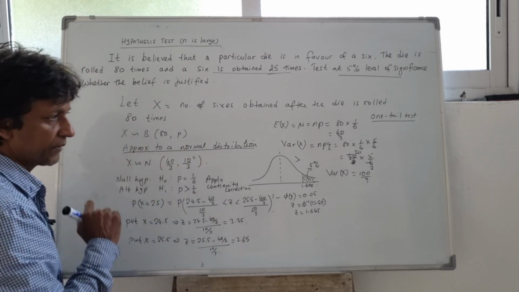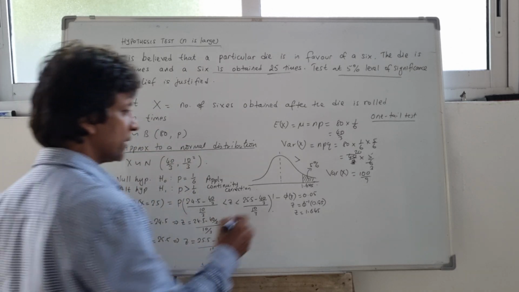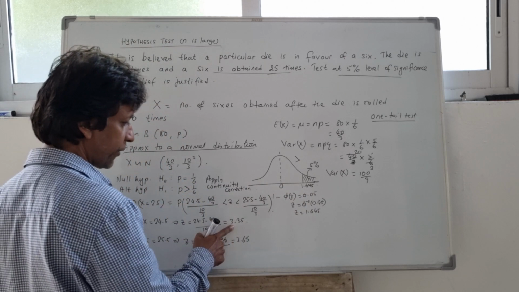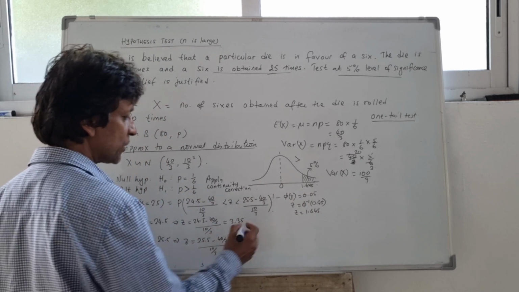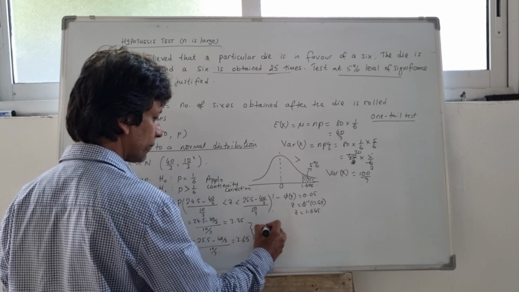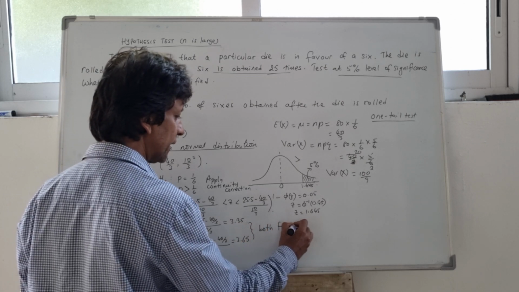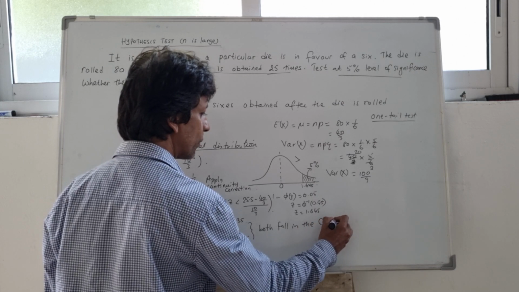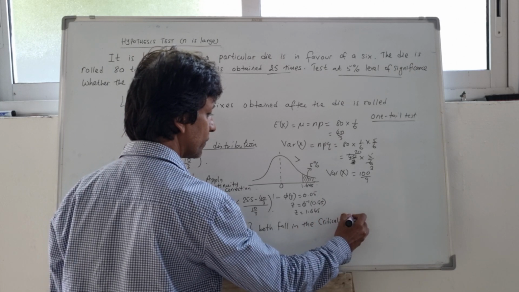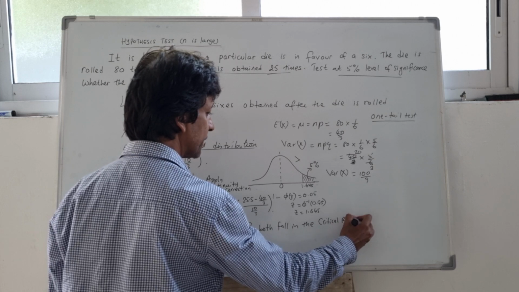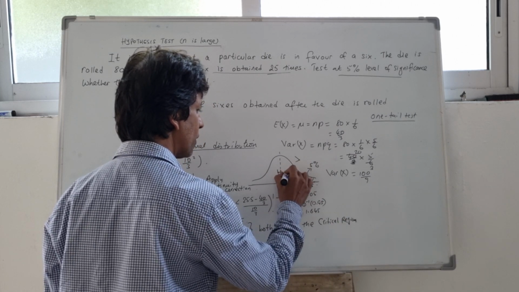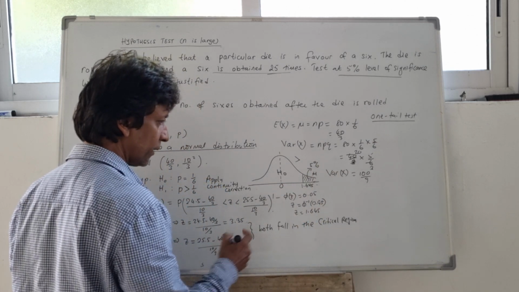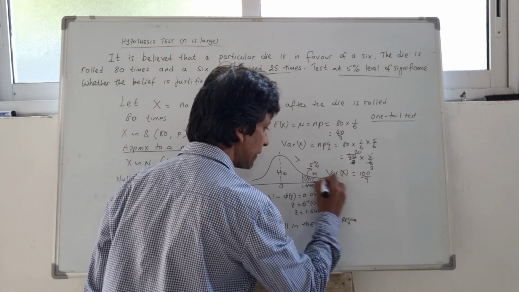When we look at the diagram over here, the normal distribution curve, these two values, 3.35 and 3.65, both fall in the critical region. I know that this is my H0 and this is my H1, and these two values fall somewhere there.